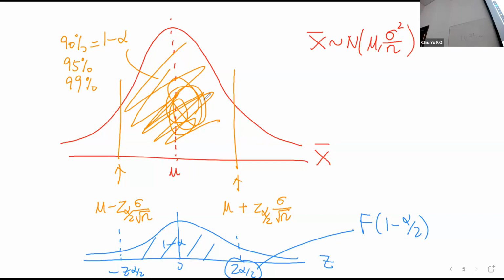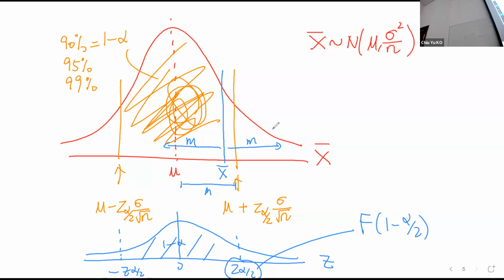Say 90% is within this range. Going back to why we have X bar plus minus the same thing, the idea is that X bar may be here, and if I construct the same distance M, going M to the left and M to the right, in this case this will include mu.